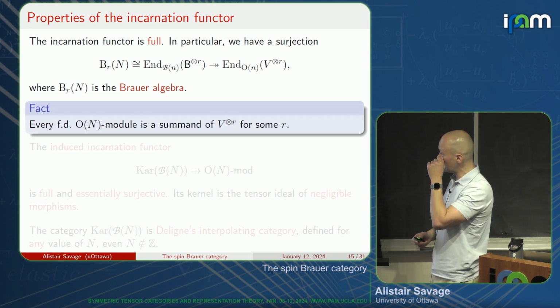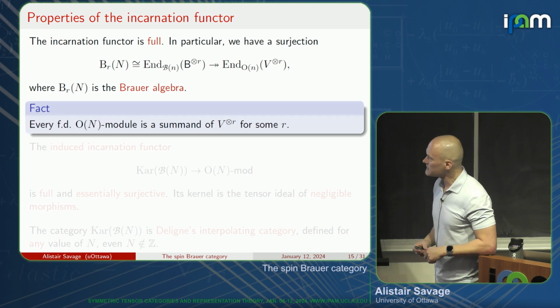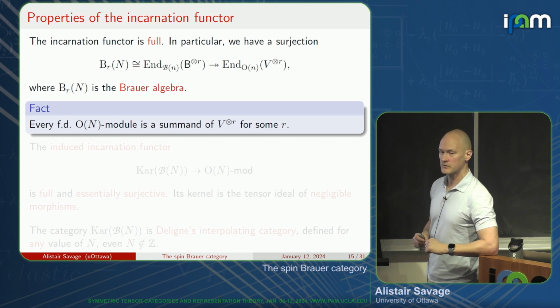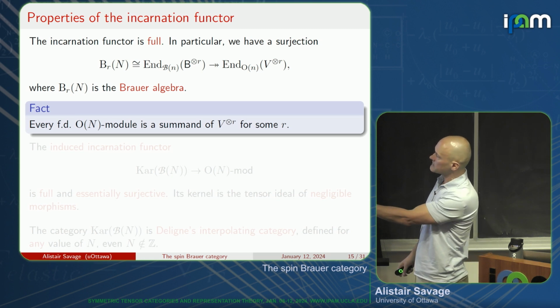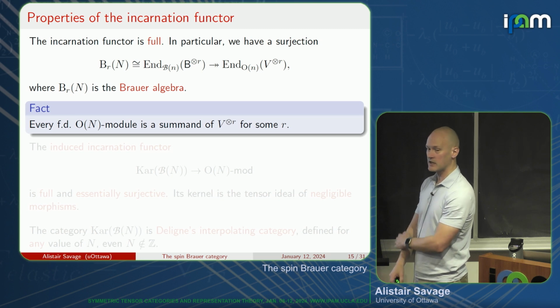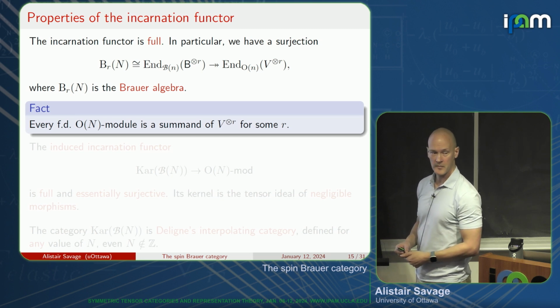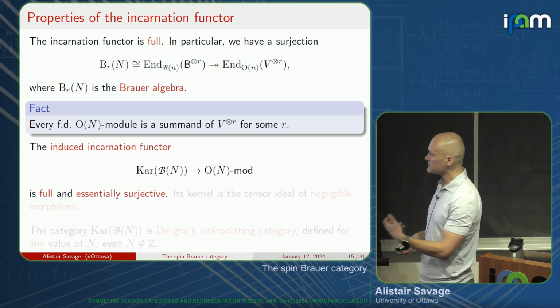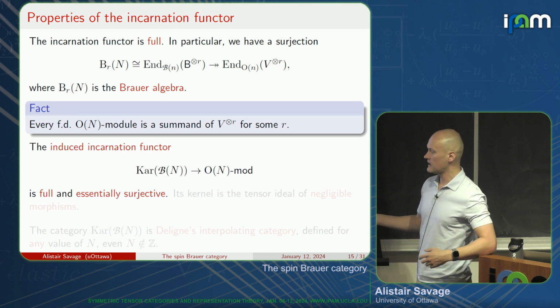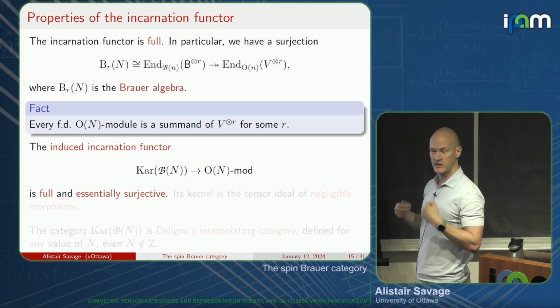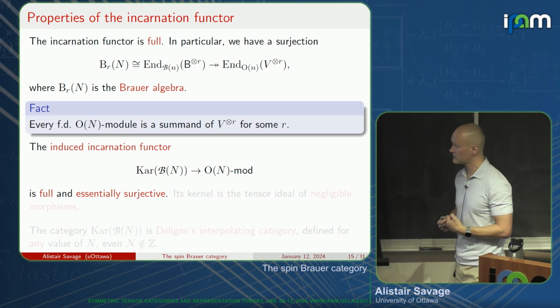And then what else can you say? Well, you realize that every finite dimensional module for the orthogonal group is a summand of some tensor power of the natural module. What's in the image of this functor are tensor powers of the natural module. But then you play this trick, you pass to the Karoubi envelope. So we take the additive envelope first, and then we take the idempotent completion, where we add in summands for each idempotent.